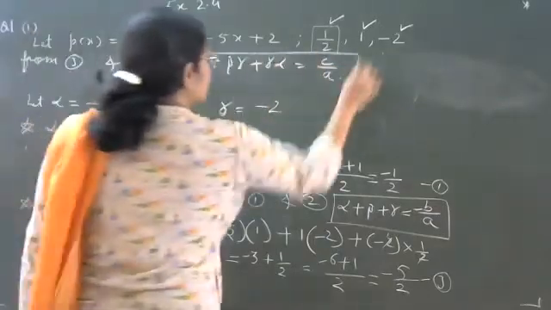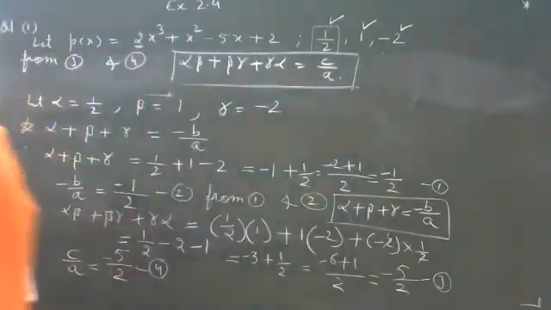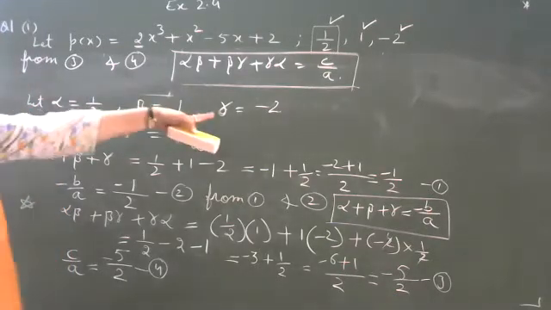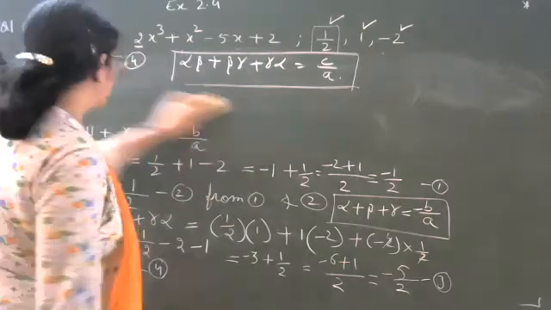It is the second relation. Now we have to prove the last relation, that is product of zeros. Clear? I hope you are doing side by side. Product of zeros, alpha beta gamma, आपको पता है values, so their product.